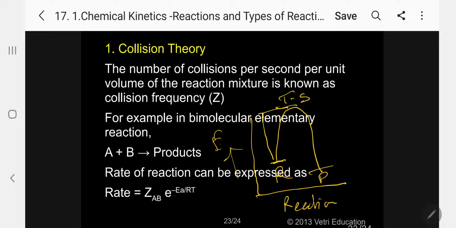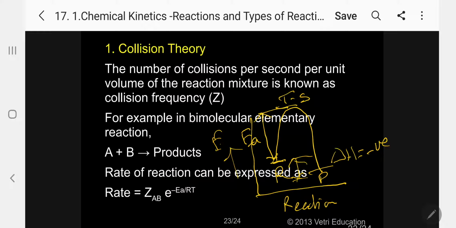This difference in energy is called the energy of activation, Ea, and this difference is the delta H value. In this case, delta H is negative, an exothermic condition. This is the energy profile diagram to explain collision theory.